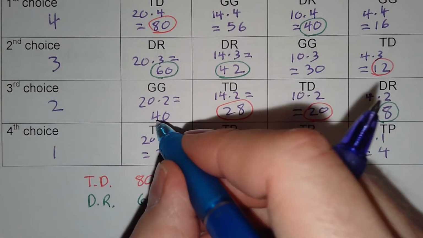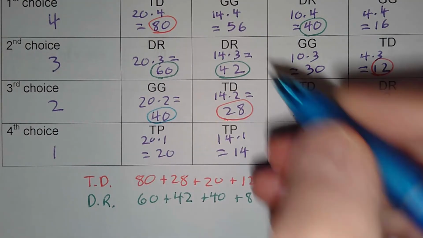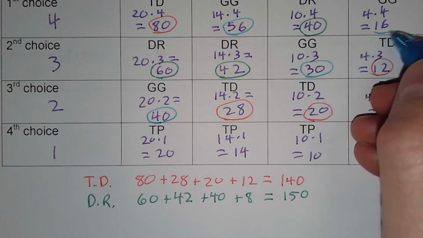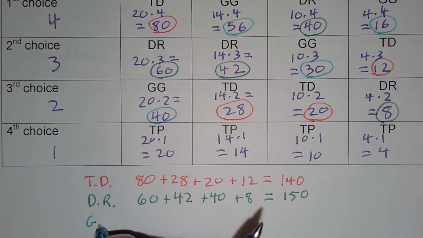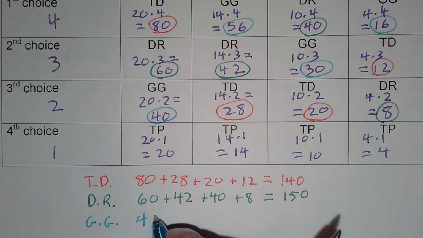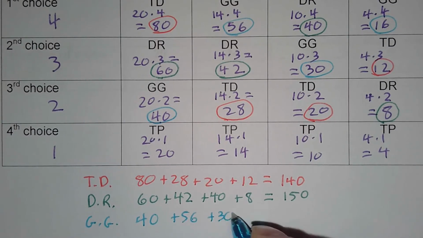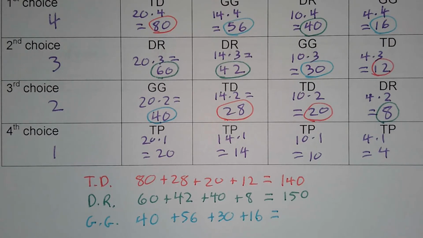Now let's do George Gervin. So we have a 40, 56, 30, and 16. So we're going to go ahead and add those up. And that should give us 142. And then finally, we're going to do Tony Parker.